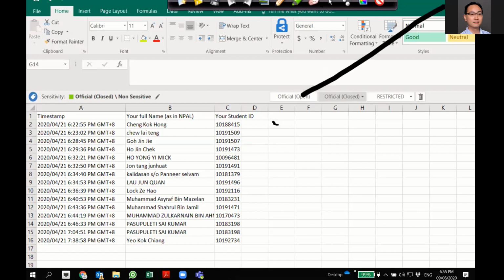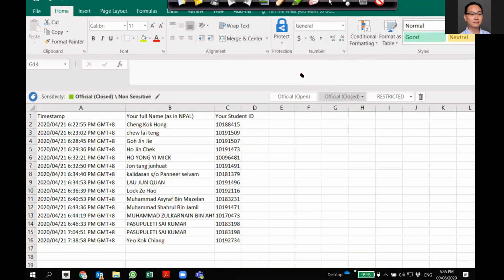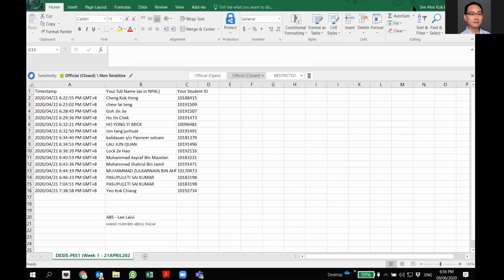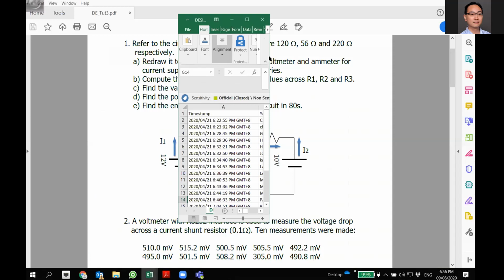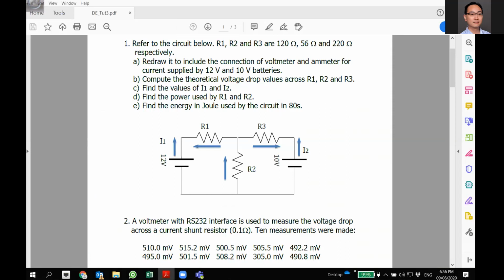Oops, sorry. Screen. Okay, maybe y'all can see my screen. Sorry, a bit clumsy here. Wait, trying to get the pen working.